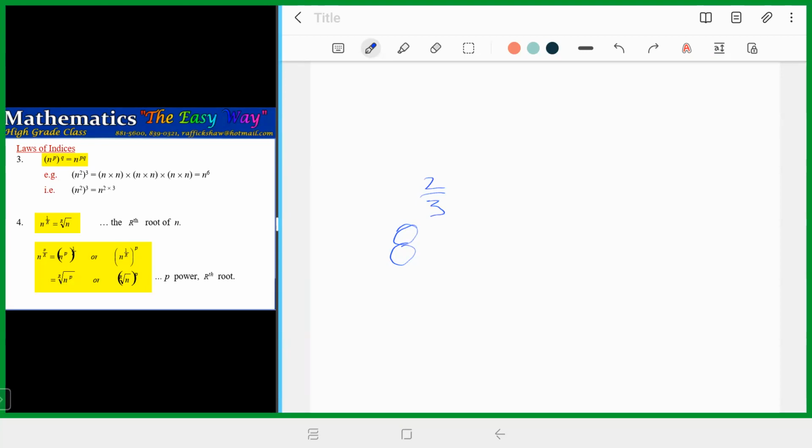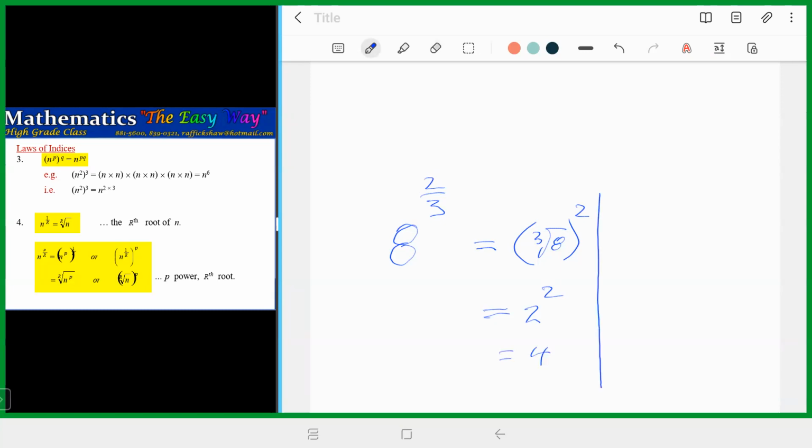So this is the same as the cube root of 8, squared. Because this is the root and this is the power that you're raising to. The cube root of 8 is 2. So this really becomes 2 squared. And then 2 squared is 4. The answer is 4.